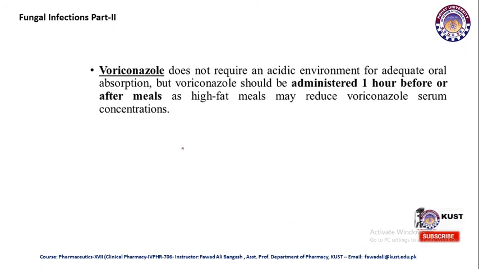Voriconazole does not require an acidic environment for adequate absorption like itraconazole or ketoconazole, but voriconazole should be administered 1 hour before and after meals, as high fat meals may reduce the voriconazole serum concentration. So it can be used in cases of the achlorhydric patient.